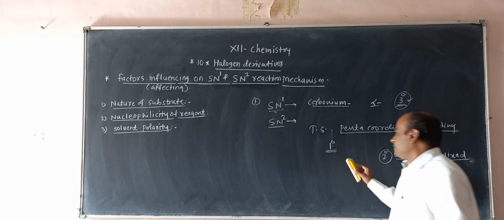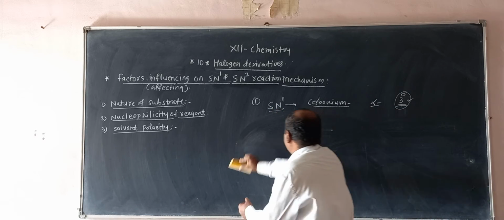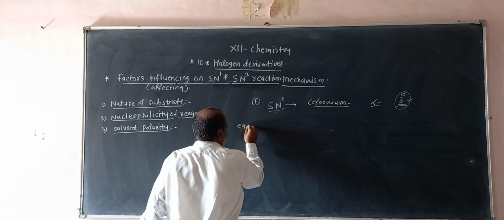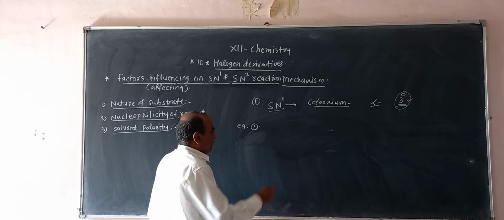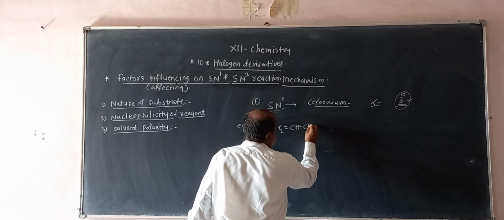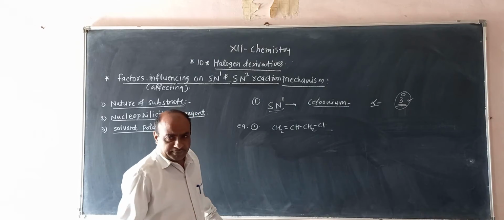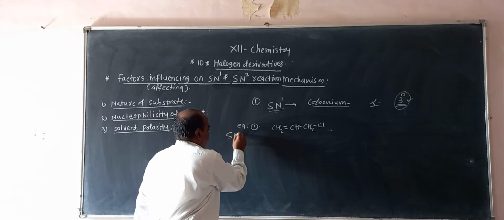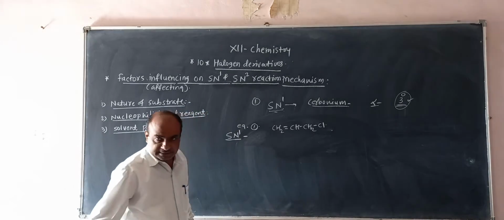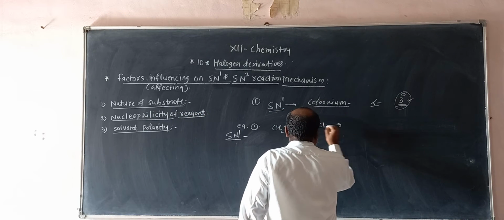Now in case of primary allylic halides, for example, CH2=CH-CH2Cl, what happens? SN1 reactions are favored.